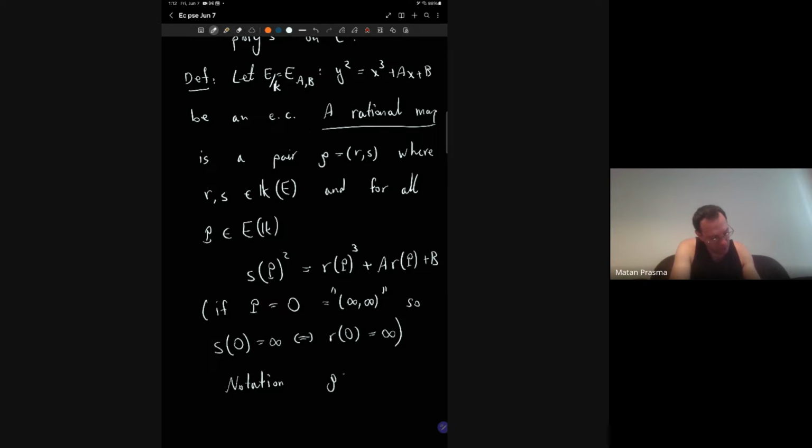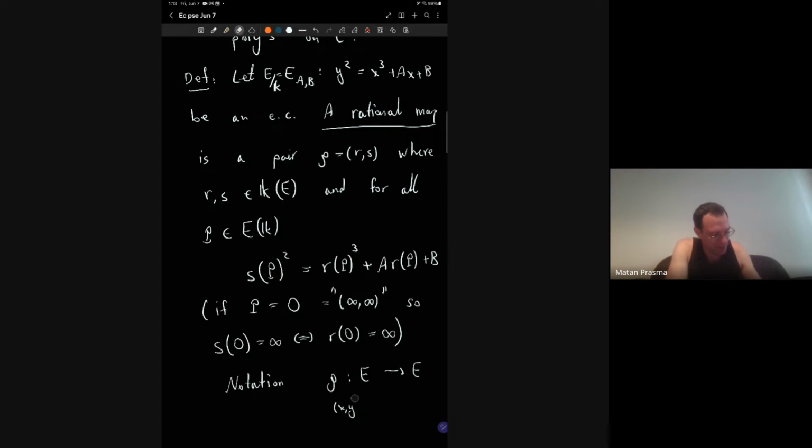We write rho from E to E. Right? Because I give you a point (x, y) on E, I mean on E of k, and rho maps it to a point of E of k again.